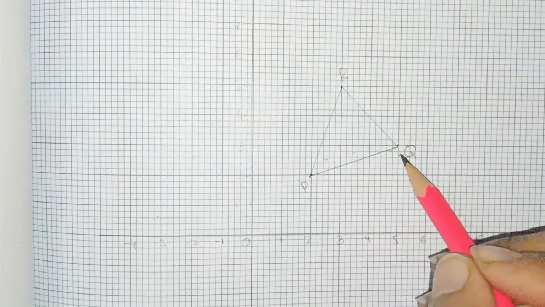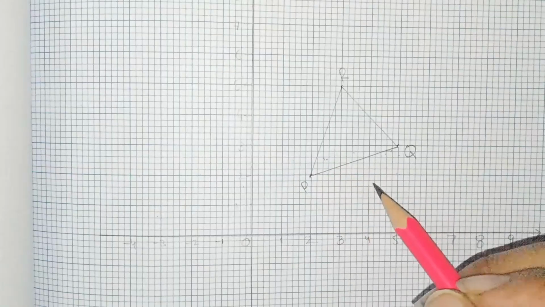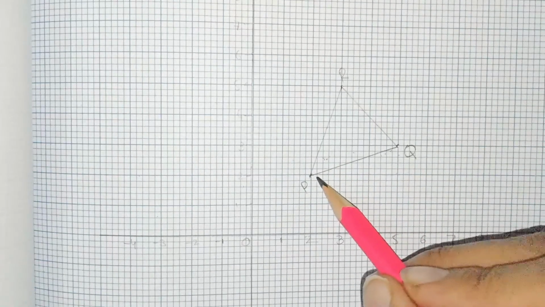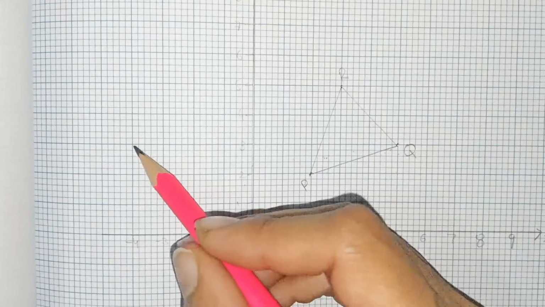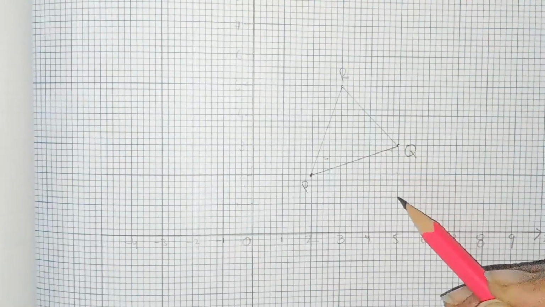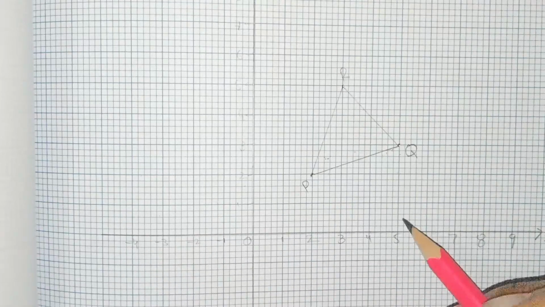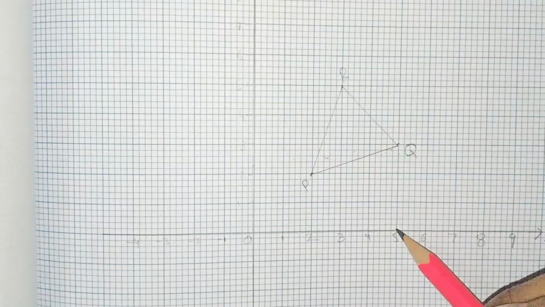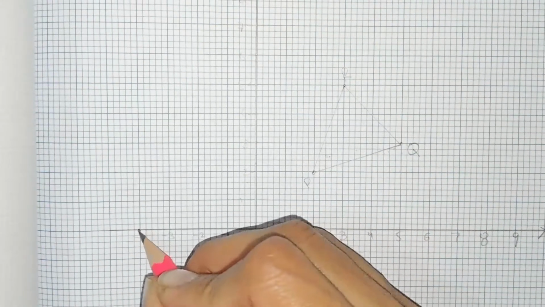Now we multiply -1 by 3, we get -3. Now we move 3 points downward from Q, 1, 2, and 3. And we get the point there.